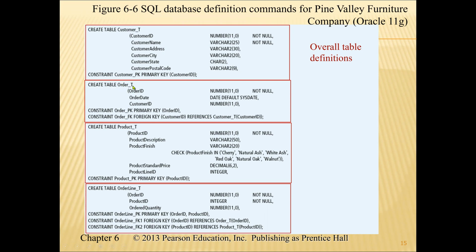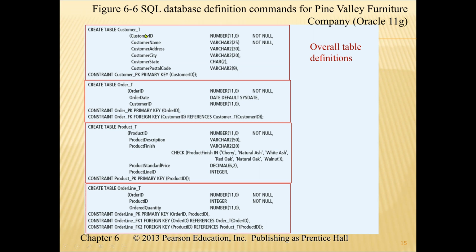Create a table, order T, order ID, order date. Okay, here we are creating a foreign key also. So why do we create a foreign key? When we look at the last command here, there will be a relationship between the order T and also customer T, because I can see that in the customer T, the primary key field is customer ID.